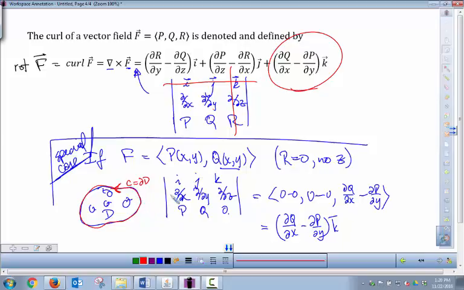Now, on a flat surface, if you're rotating on a flat surface, then which way is your direction vector going to go? Either one of 2 directions, either opposite.